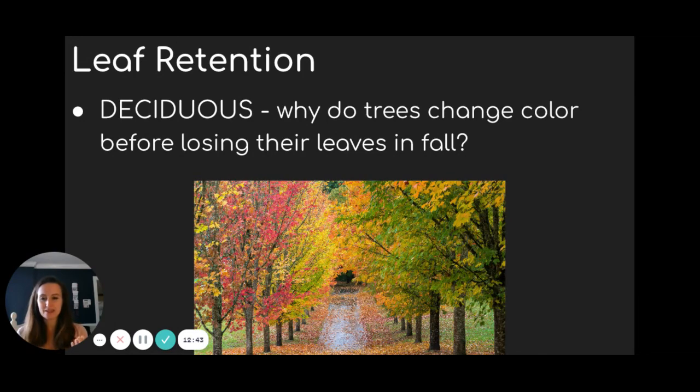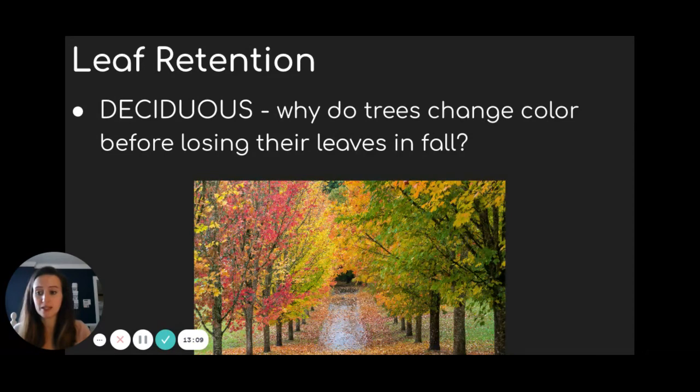Trees have that sense that they're going to go dormant. So what they do is in the fall, when the time starts changing, the days start getting shorter and shorter, there's less sunshine, the temperatures start getting cooler, that tree is going to start drawing that chlorophyll into its trunks and its branches. And the reason it does that is because in the spring, it's going to need that reserve of chlorophyll to come back out with buds and leaves and everything else.